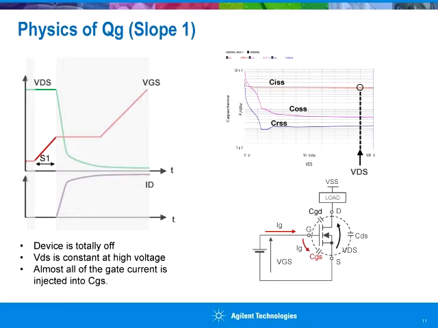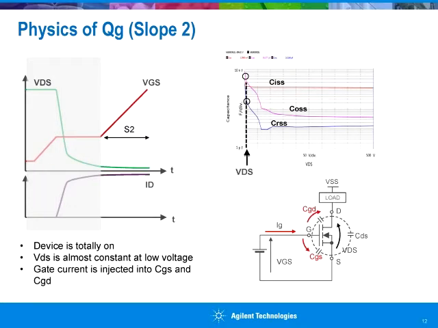And in that case, since the device is turned off, the drain voltage is kept at the VDS off voltage during this slope. So this slope is determined by the gate charging current and CGS, the input capacitance, gate to source capacitance.